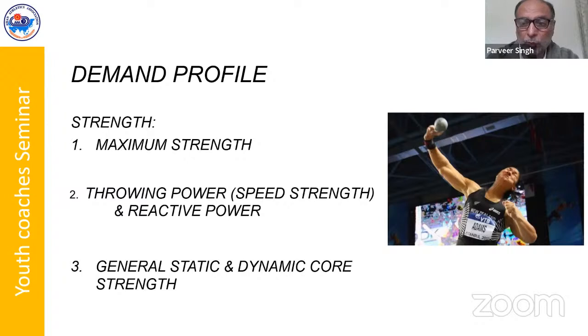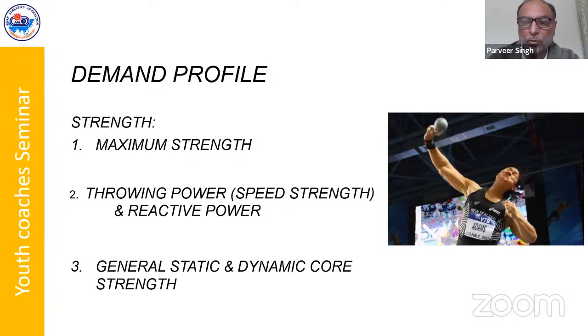So when we want to develop speed strength, or explosive strength, we have to develop maximum strength also, and we need to develop static and dynamic core strength for the torso, to control the coordination and the technical movements during the throwing attempt.